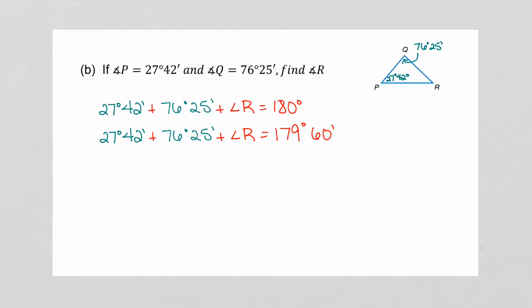So that would work for us. So add, and we've got 103 degrees and 67 minutes. And then we'll subtract 103 degrees and 67 minutes from both sides.